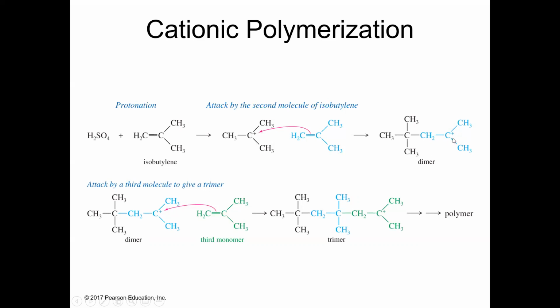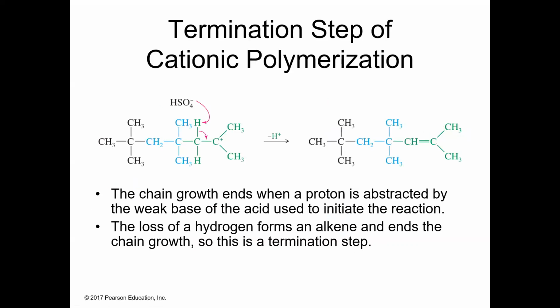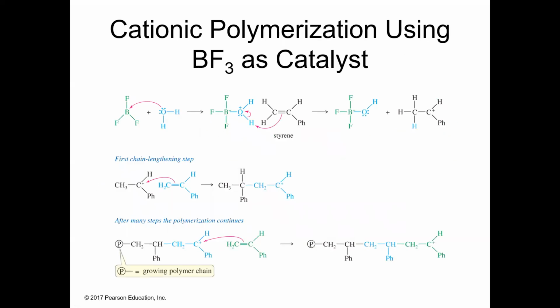We get another cation, and then another alkene attacks that, and then the chain keeps growing. Termination occurs when there's either an elimination or two chains link up. BF3 is another catalyst besides sulfuric acid that's used to initiate cationic polymerization.